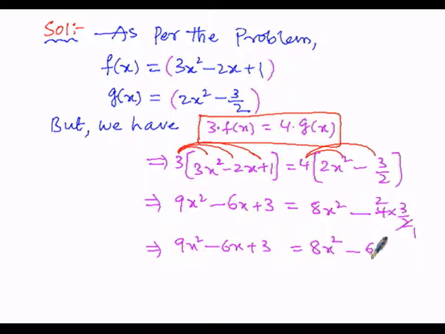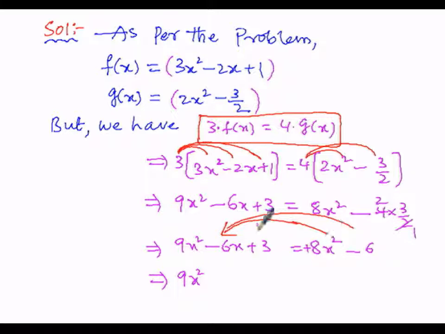Now let us transpose 8x square and minus 6 over to the left hand side. Then the next logical step: the square term is 9x square and the other square term on the right hand side is positive 8x square.